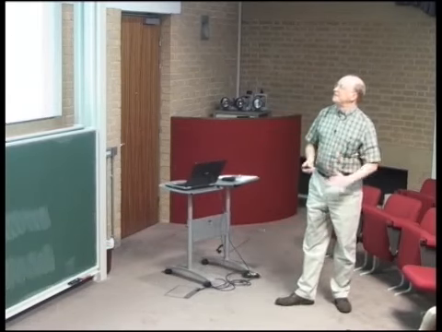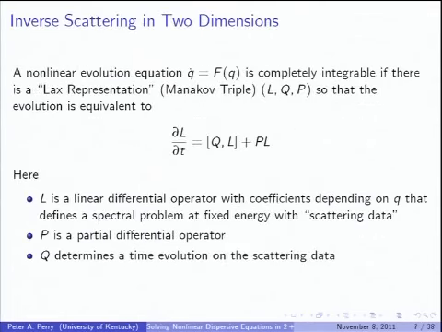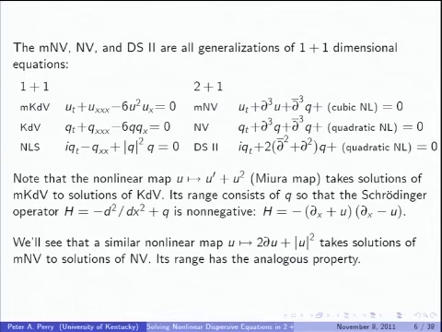Okay, so here's the table. This is a way to understand what these equations are, how they're related to certain one-dimensional analogs. I apologize for a certain amount of clutter, but what you should do is read basically two columns.